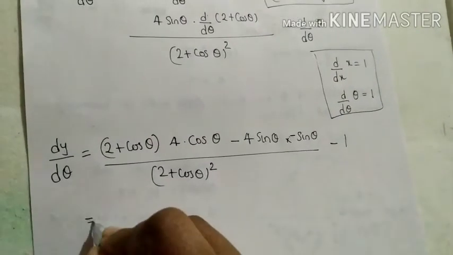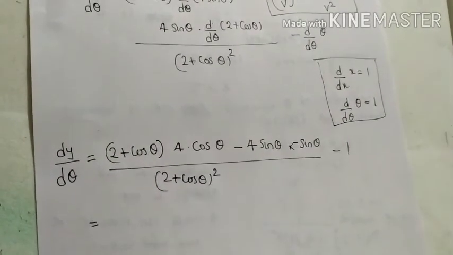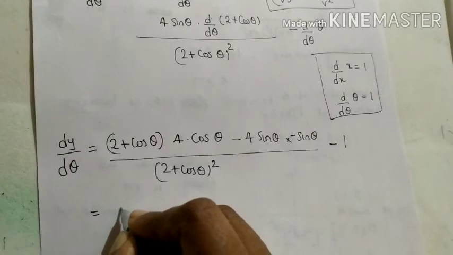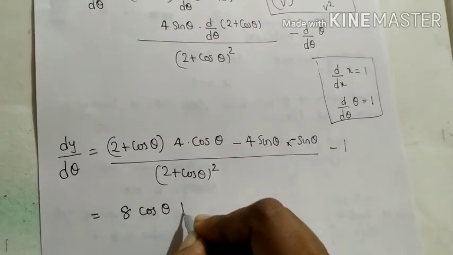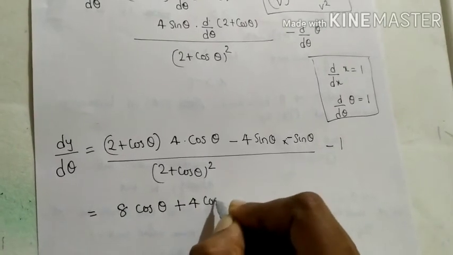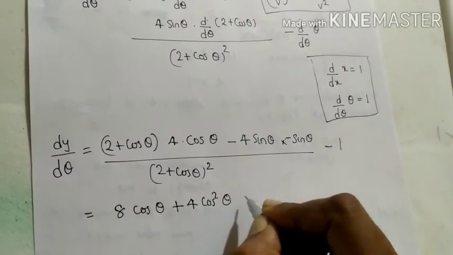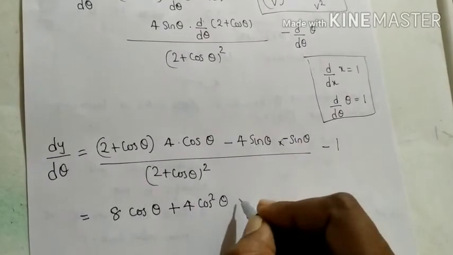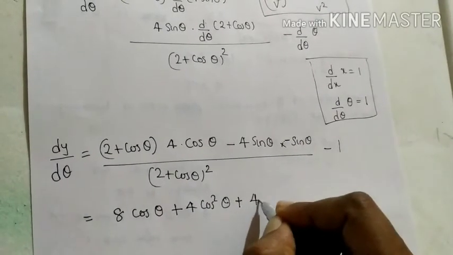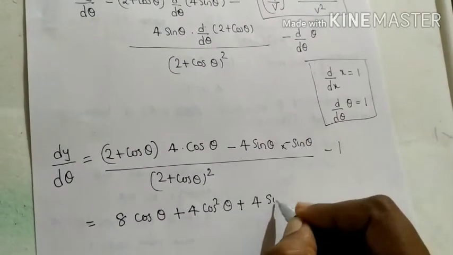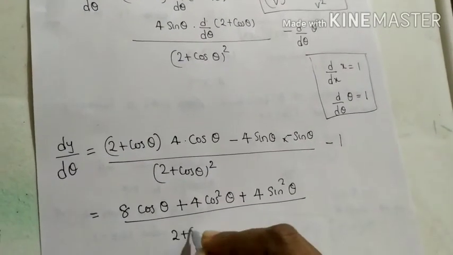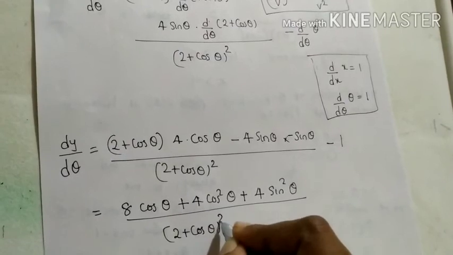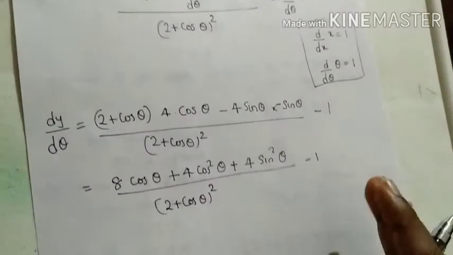Okay, next step, opening this bracket, we get 4 into 2, 8 cos theta plus 4 cos square theta. This minus and minus will become positive, and 4 sin square theta whole divided by 2 plus cos theta the whole square minus 1.